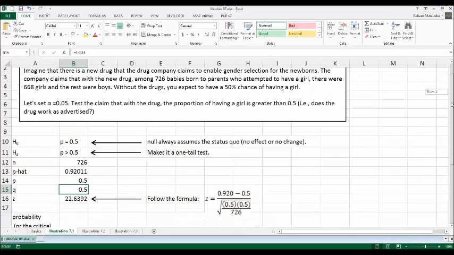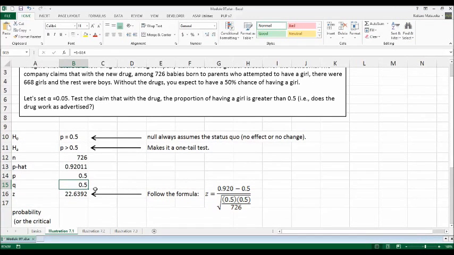So I'm going to use the z-test here. So following this formula where it's in the lecture notes, 0.920, which is from here, minus 0.5, which is here, divided by square root of this times this, divided by the n. So that's why I did that in this cell right here.